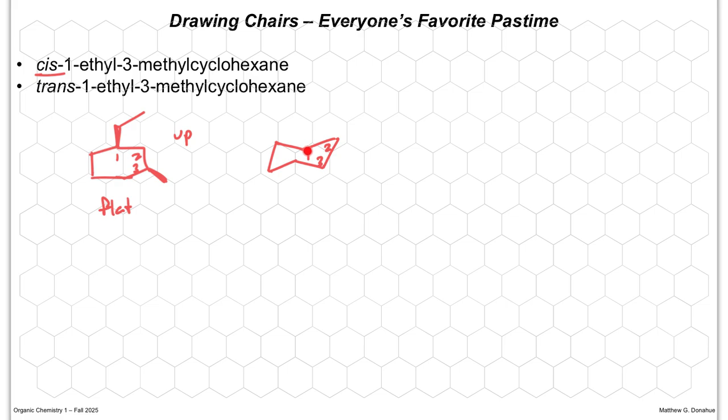So we know that for every carbon there's an equatorial and an axial bond. So for that ethyl group to be up, it has to be equatorial here. And because it's on the right side of the molecule, it has to point to the right. So that's the equatorial bond. It's up. And then we add the rest of it. Now it's an ethyl group.